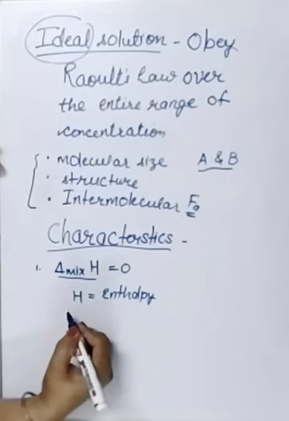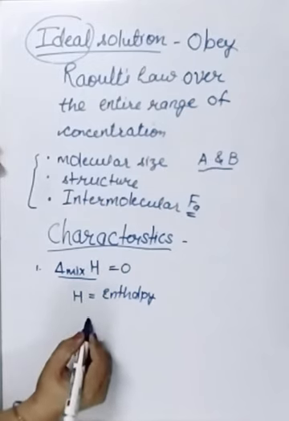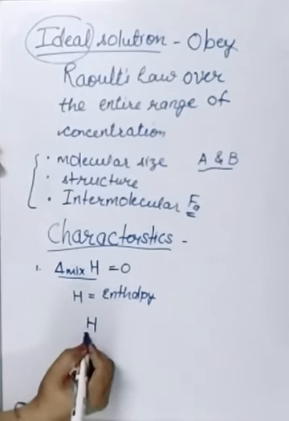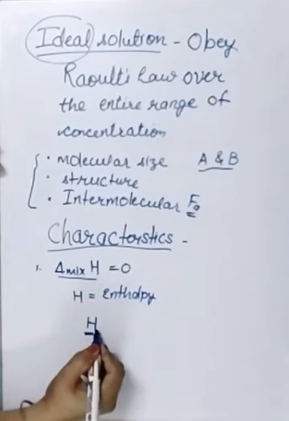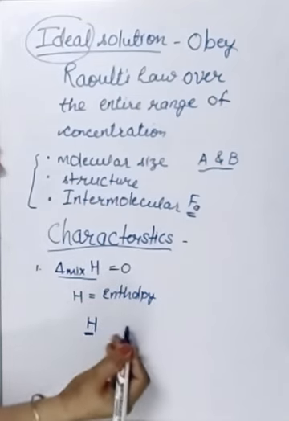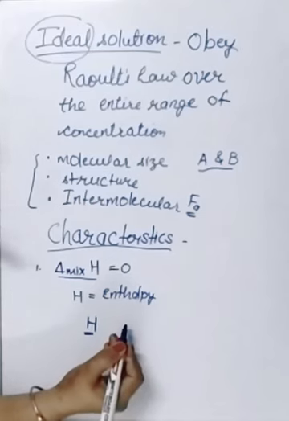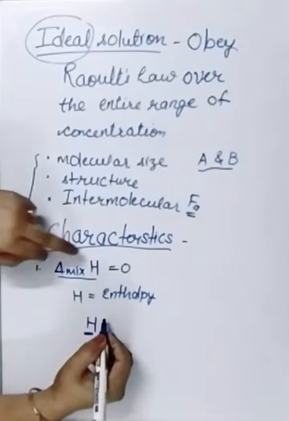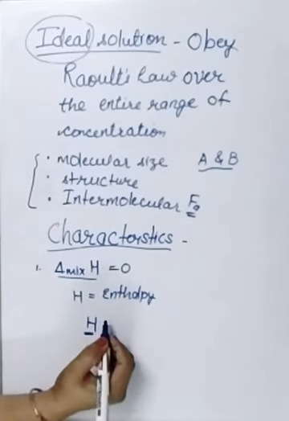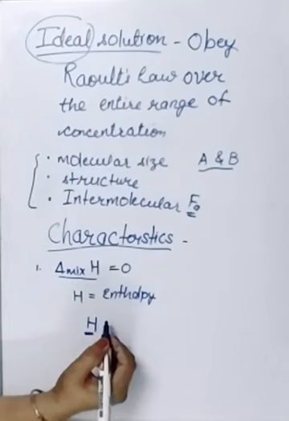Whatever the value of H before dissolution, that should be equal to the enthalpy after the mixing of two components. So we will find in that case del H will be 0. When two components are mixed, enthalpy change should be 0. There should be no change in enthalpy.